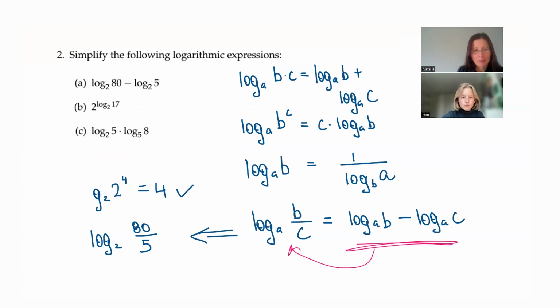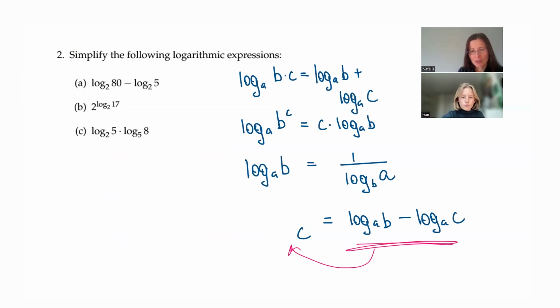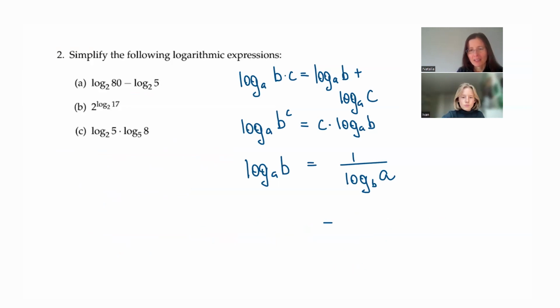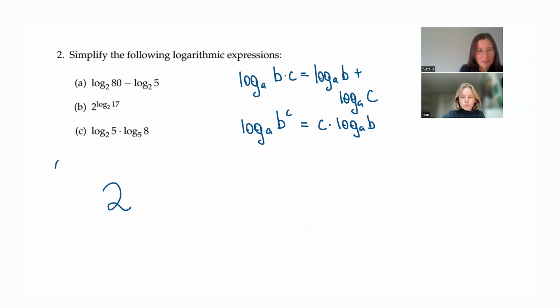Then in part B, we have this 2 in the base, and we have the logarithm in the exponent. You might remember that logarithms and exponents are like inverses of each other, they cancel the action of each other. They do opposite. So here, if we talk about it intuitively, 2 to the power of what? The logarithm asks 2 to what power is equal to 17?